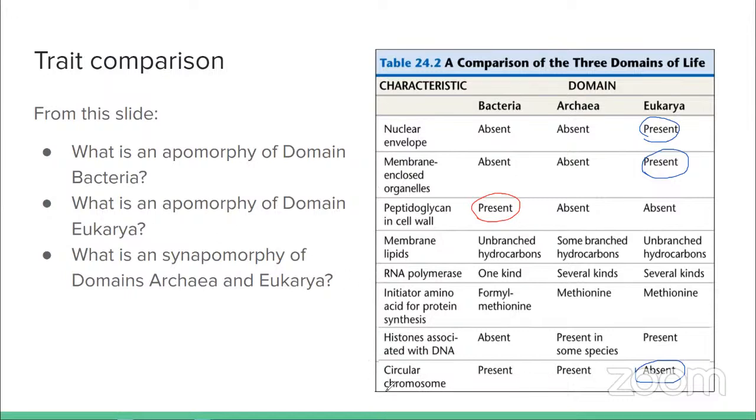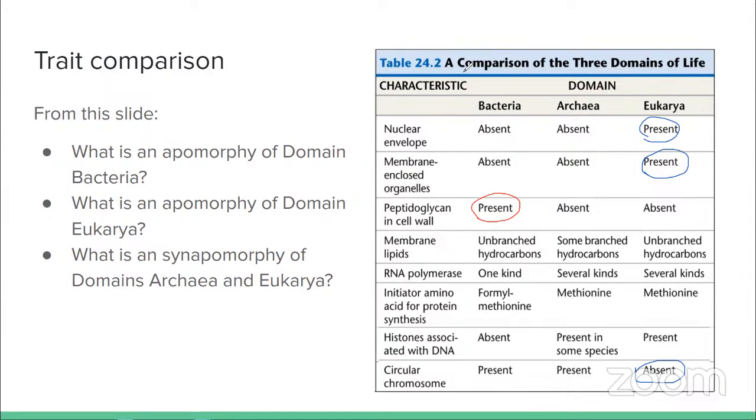And I'm saying just looking at the circular chromosome, totally possible that losing a circular chromosome is an apomorphy in eukarya, but it could also be the case that we have some type of convergent evolution in bacteria and archaea, or that they share a more recent common ancestor. So apomorphies are about derived traits. With this data, we would think that all three of these are apomorphies. If we got additional data, we might revise our assessment.